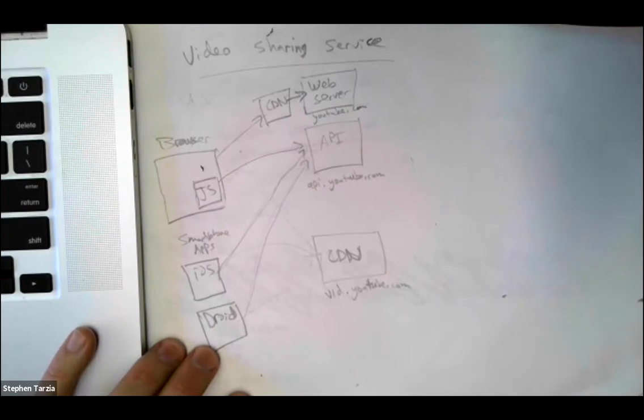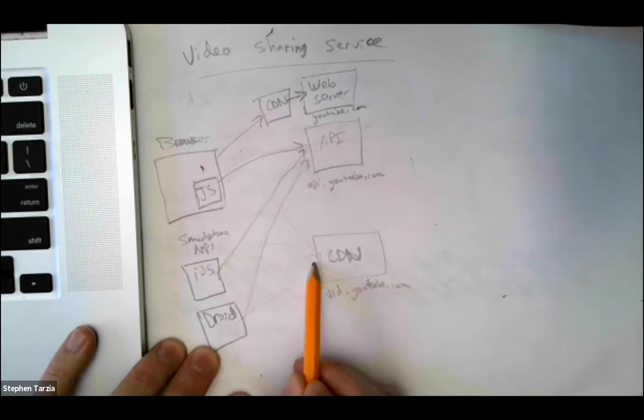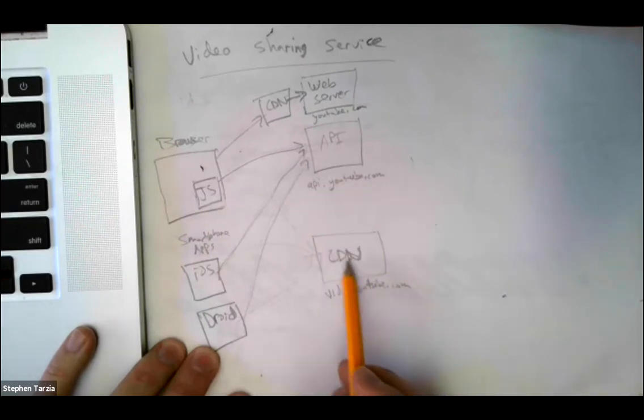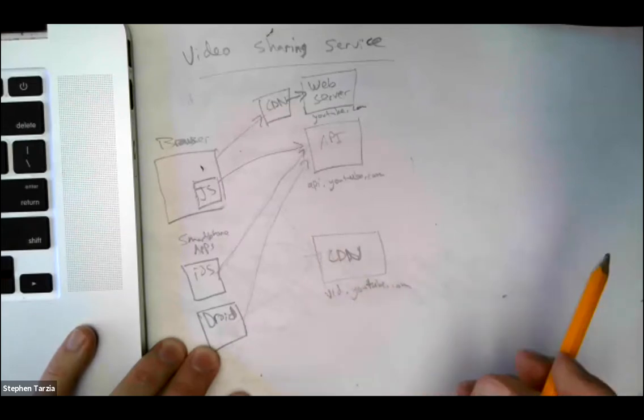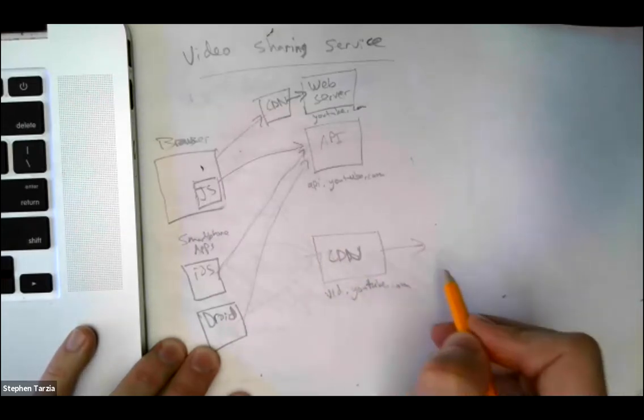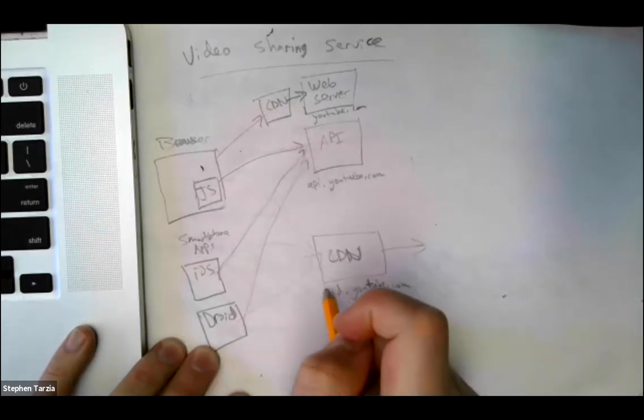And these apps will also be fetching video data from a different domain. I'm having those requests go to a different service because that type of data is very different, and I'm going to have a different kind of architecture for supporting it. Okay, but there's a CDN in front of this video data.